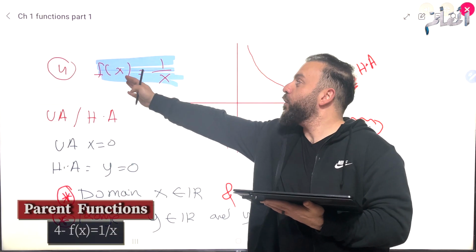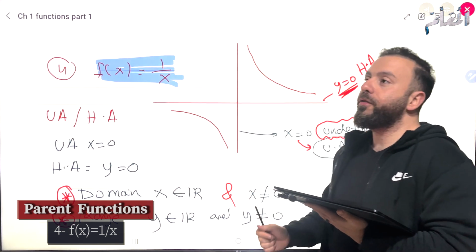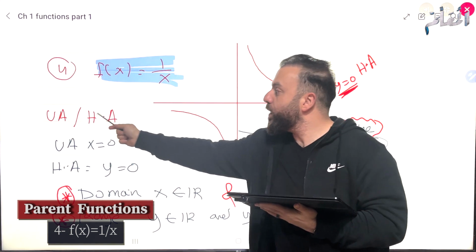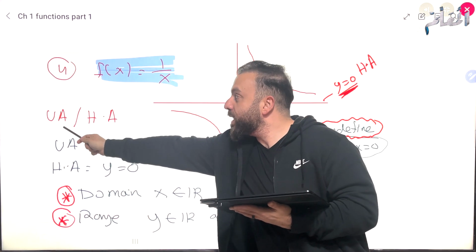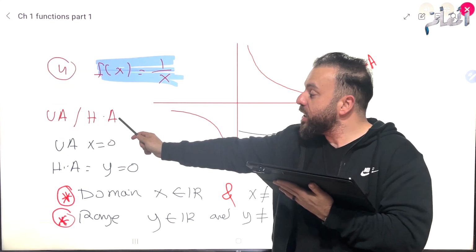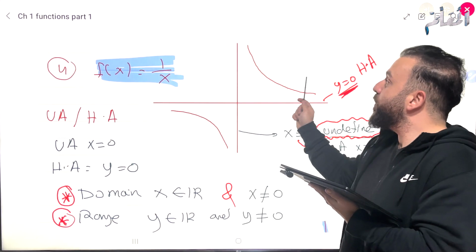Function 4 is f of x equal 1 over x. So here we have, as you can see, two major things in the rational function: the vertical asymptote and the horizontal asymptote. The vertical asymptote and horizontal asymptote are lines which the function doesn't touch.